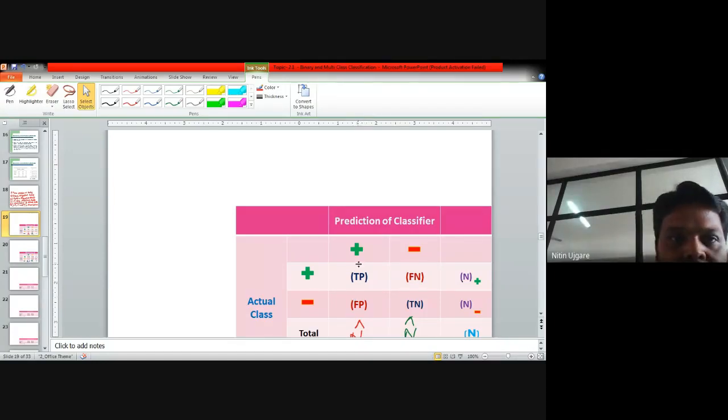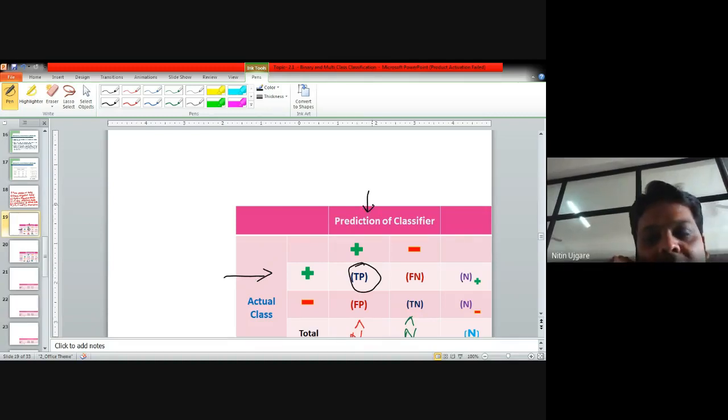The first field of this confusion matrix represents the true positive instances. What is meant by true positive instances? The total number of positive instances correctly classified by the classifier. Now we know that the horizontal line represents the actual class of the instances, and the vertical line represents the prediction of our classifier.